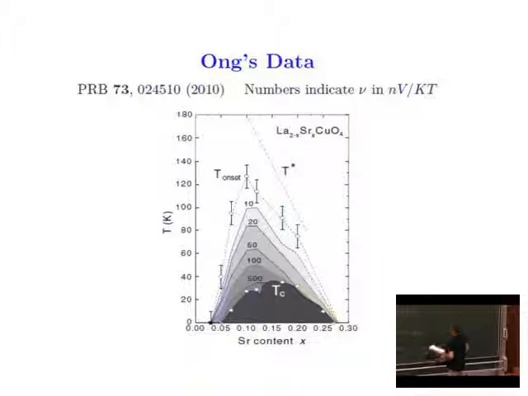So what was pointed out then is that if you write the conductivity slightly more carefully, including the dimensional factors, so this is h bar omega over kT.